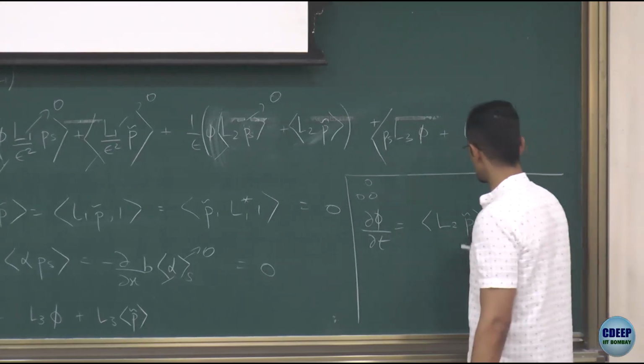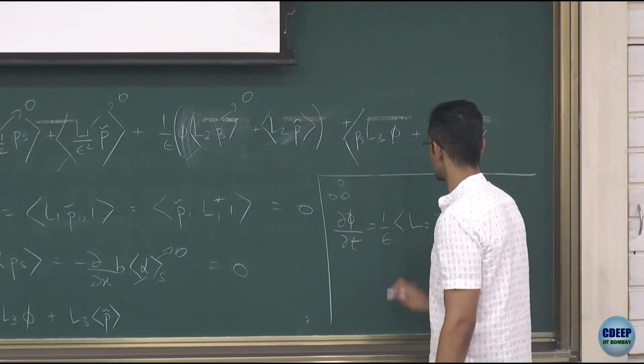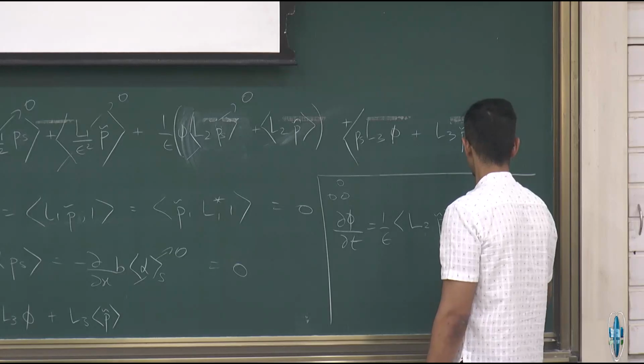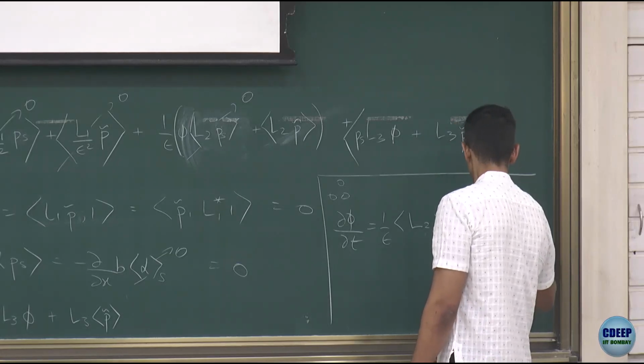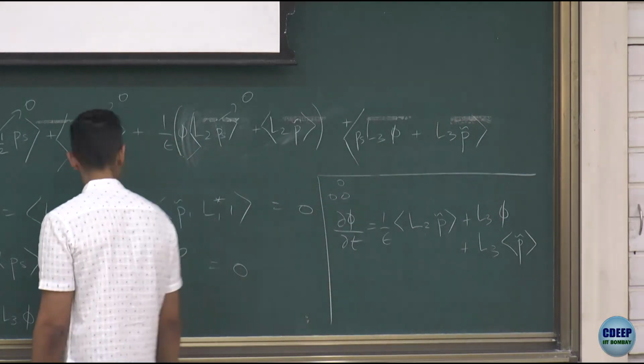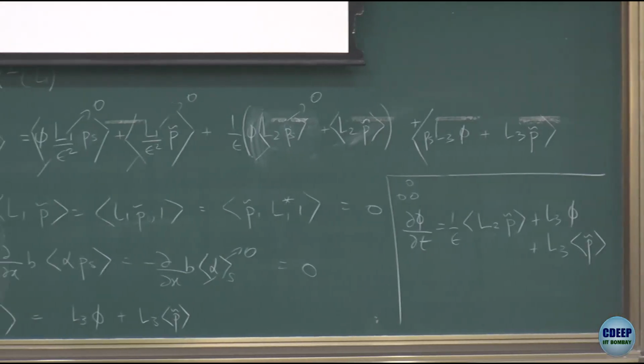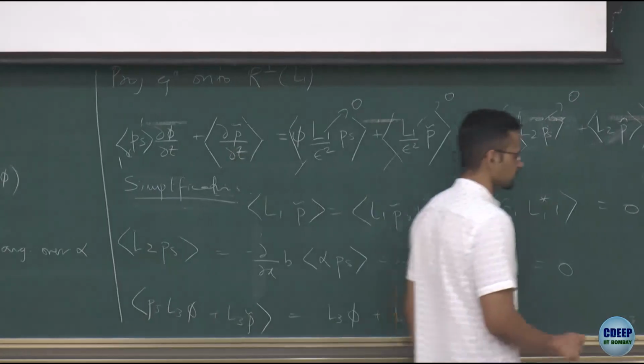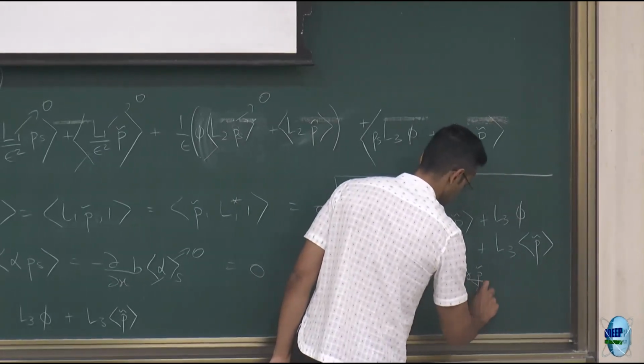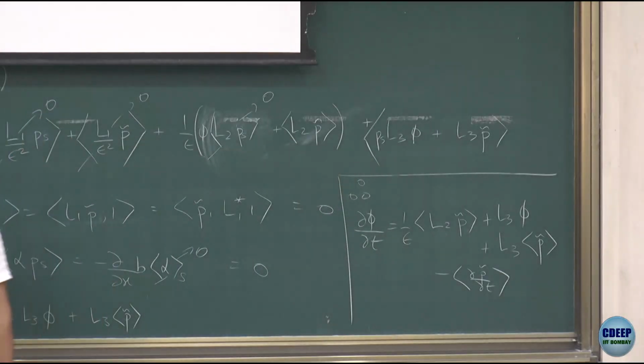Okay. So L2 P tilde by epsilon, plus L3 phi plus L3 the average of P tilde. And then minus this guy, of course.